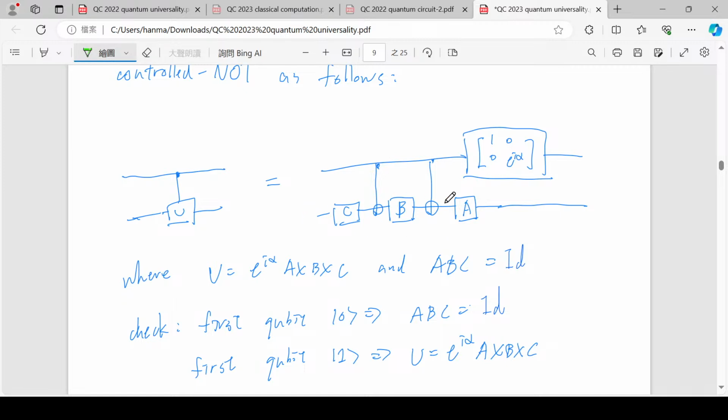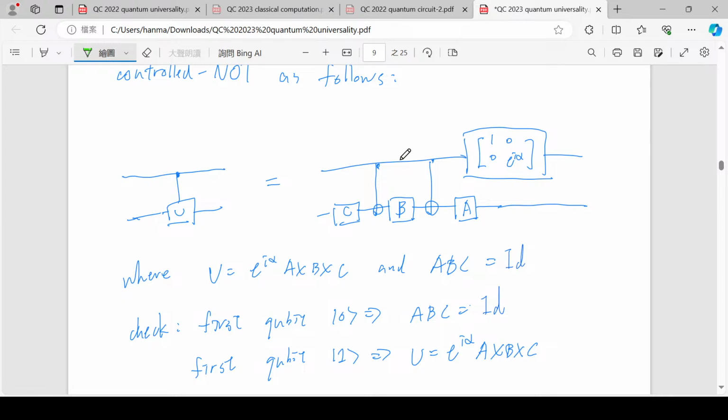So on the second qubit you just have ABC. And remember, the circuit goes from left to right, and when you do the calculation you go from right to left. So this ABC here is ABC here. So when the first qubit is 0, then the CNOT doesn't do anything, so you have ABC here, and as we said, it's identity.